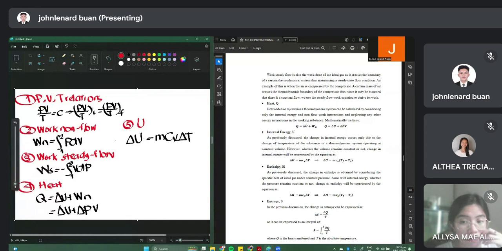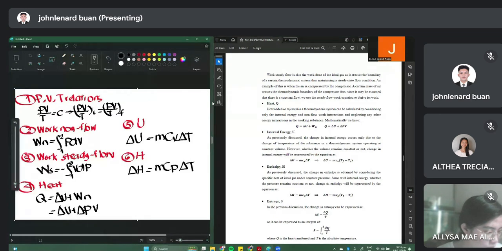We also have the general equation for enthalpy, or symbol H. For enthalpy, we have delta H equals m Cp delta T. Remember, the specific heat constant for internal energy is Cv, while for enthalpy it is Cp.